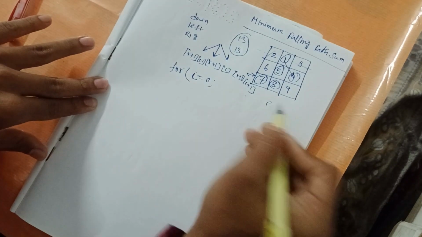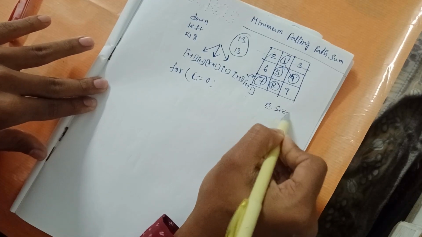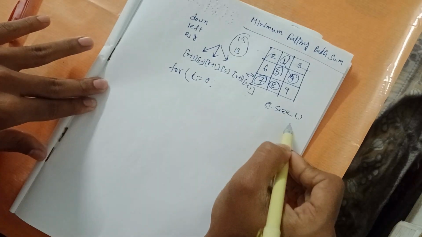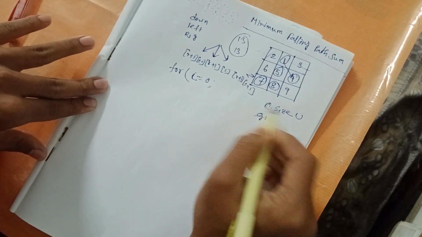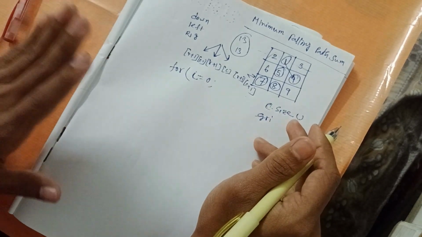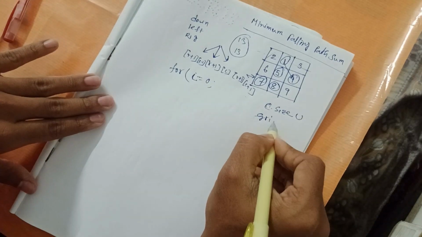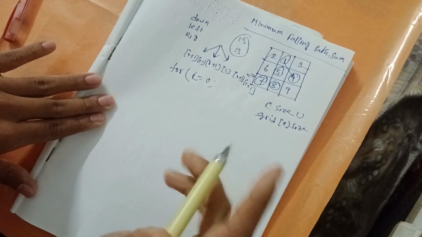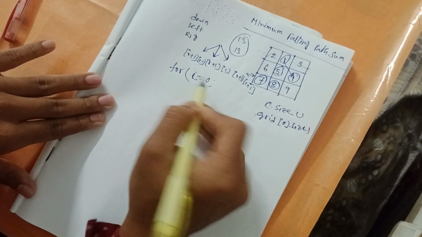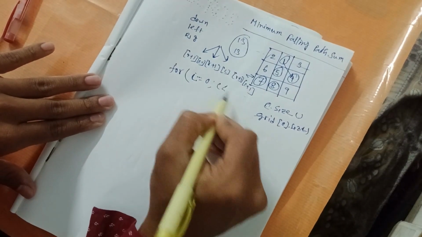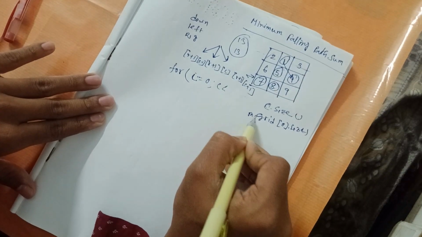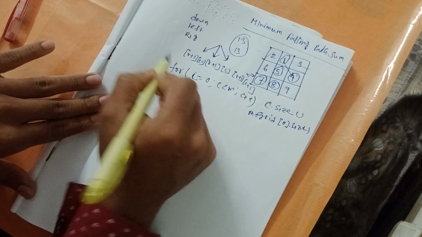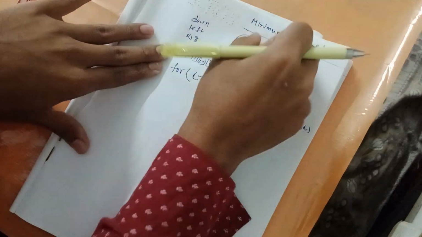If the grid is square then row size and column size are the same; if not square, then you write grid of 0 dot size to find the column size. So c from 0, c less than m, c plus plus.